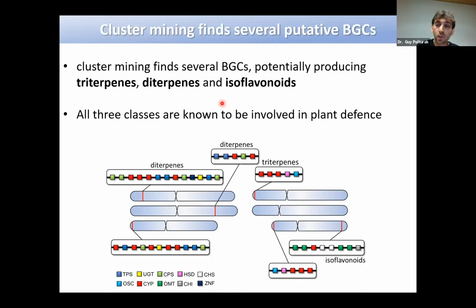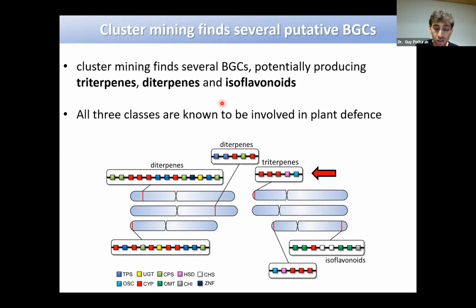So we next wanted to see if we can really mine this set of genes to find new putative gene clusters. And we did actually find quite a few, which potentially produce triterpenes, diterpenes, and isoflavonoids, which are classes of compounds which have all been implicated in plant defense. So we then focused on one of these clusters, which was a putative triterpene cluster.